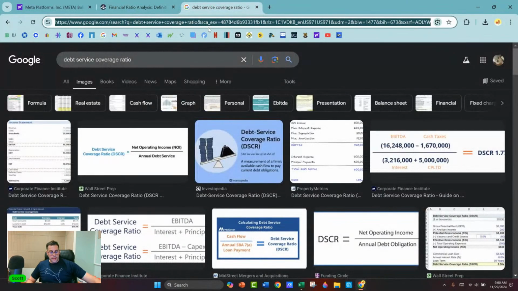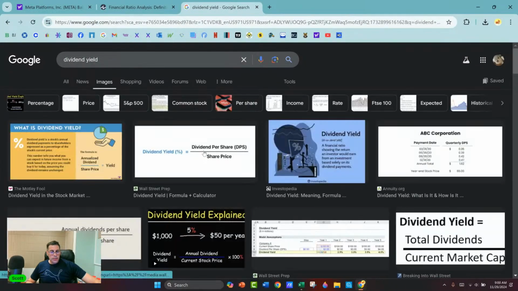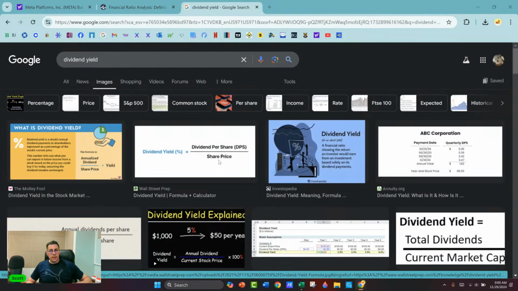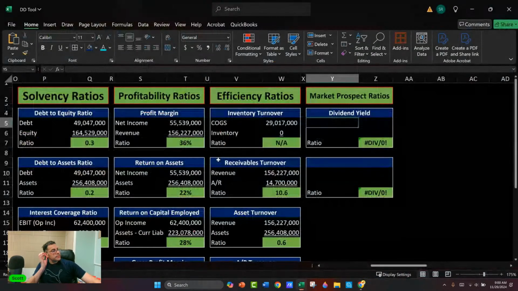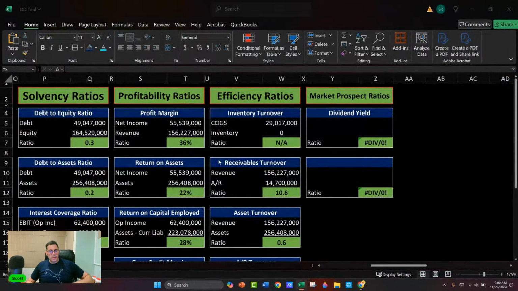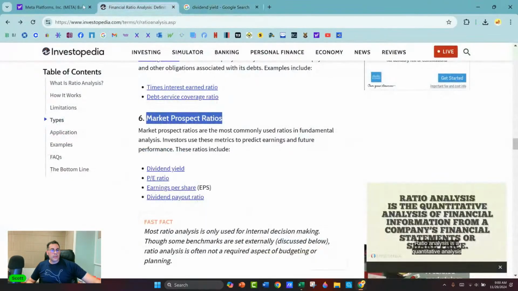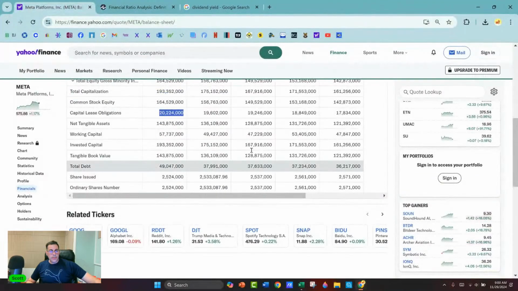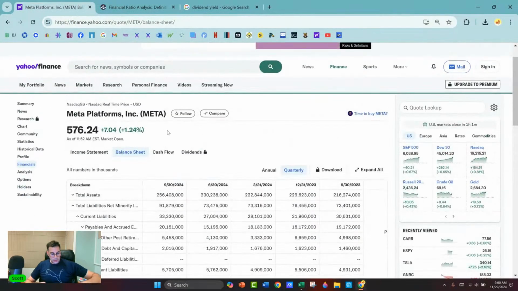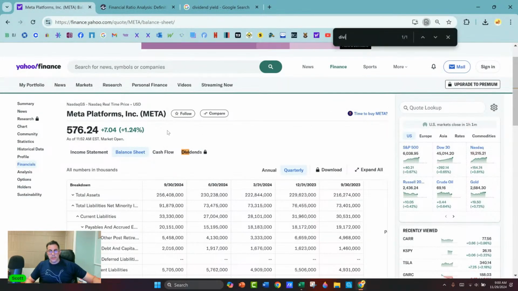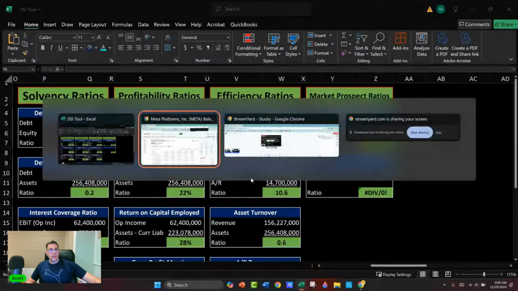The hard part is it's not really on the balance sheet.